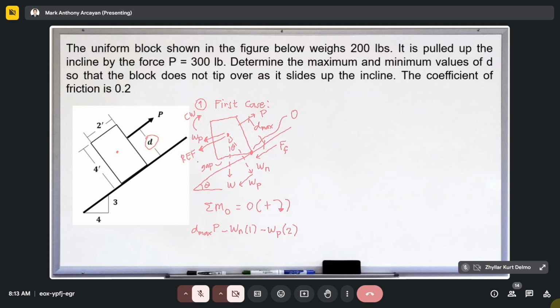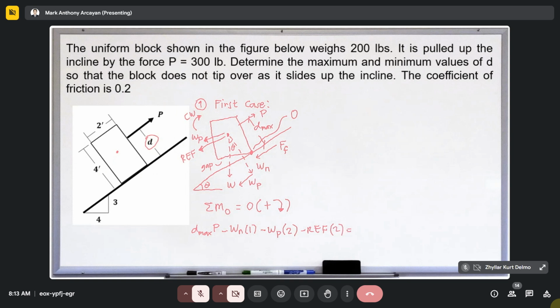And then the reverse effective force. The reverse effective force also produces a counterclockwise moment, so minus the REF times its location, which is the center of gravity, therefore half of the height.